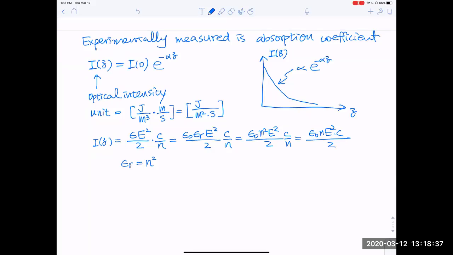Now we can relate this quantity to the photon absorption rate per unit volume. What is the absorption rate per unit volume? Let's consider we take a slice here. We consider photons entering at Z, and we measure the number of photons again at Z plus delta Z. These are the remaining photons, and the rest are the photons absorbed.